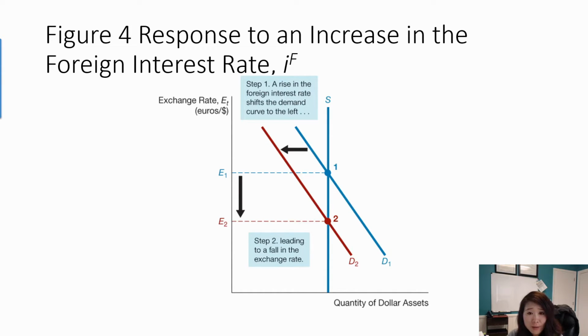However, you might not see it between China and the U.S. Why is that? Because China might also lower its interest rate as well. So when we talk about interest rate, we talk about relative interest rate. Foreign interest rate goes up relative to the domestic interest rate. If the foreign interest rate goes up, we're going to see the exchange rate go down.